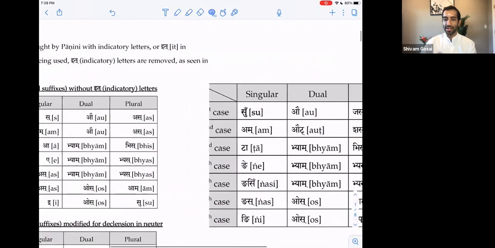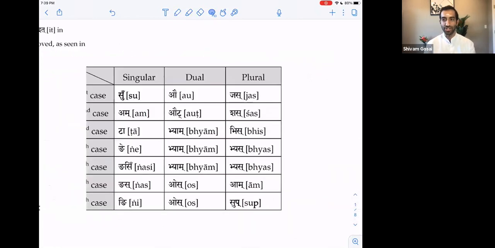So this is what we've been chanting: su ojas, ot shas, tabhyam bhis. Generally, we chant with the it letters. This is a traditional thing. And so we chant this whole chart so that we can start remembering it.